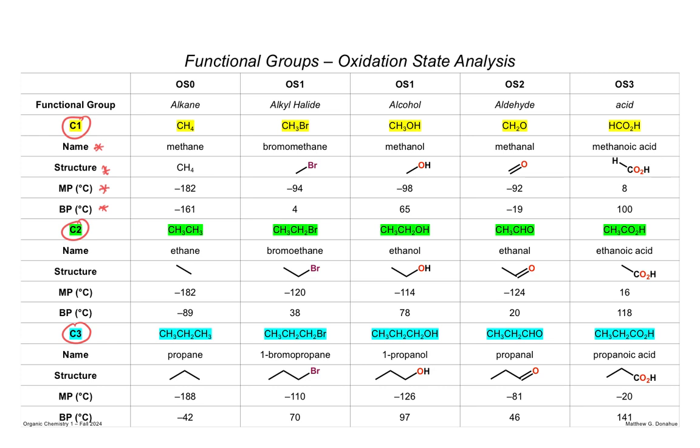In terms of the columns, if we take an alkane, if we take an H from methane and we substitute that H for bromine, we have a new functional group. Now what you want to think about is how is that functional group, through that substitution, impacting the melting and boiling points? And then down the column, you're just increasing the carbon count.